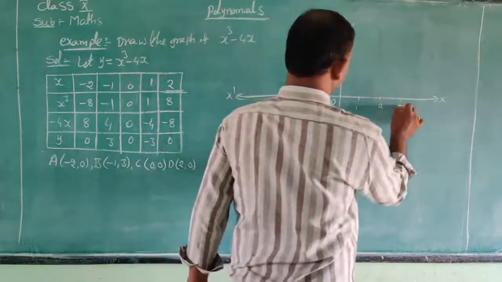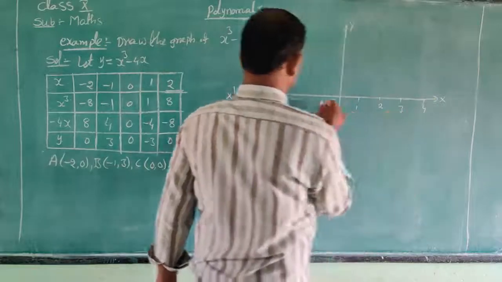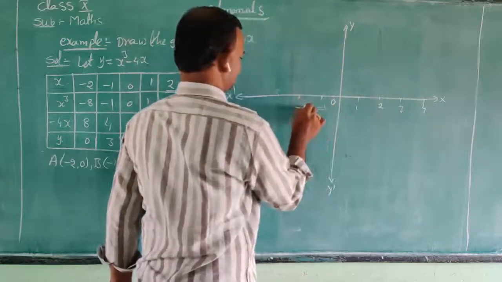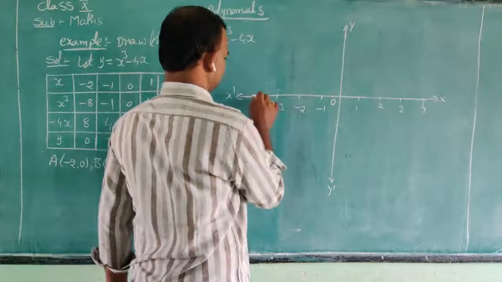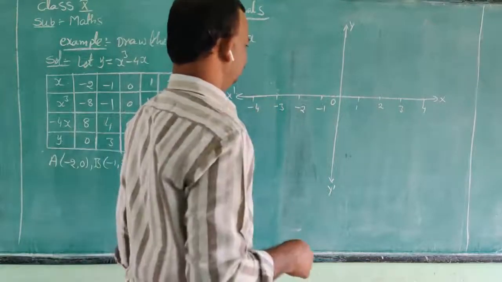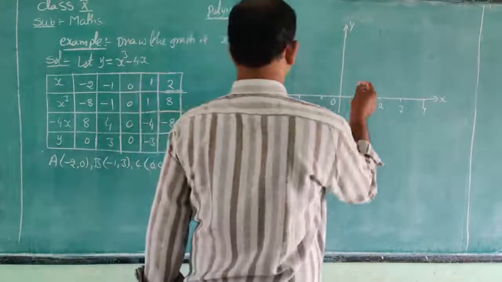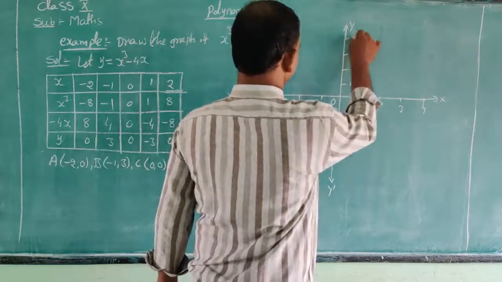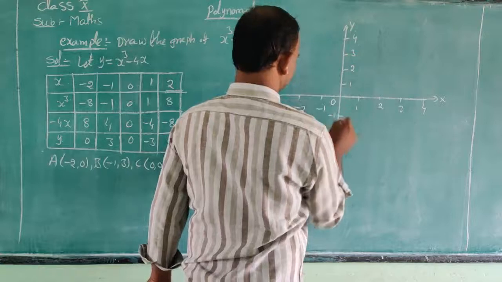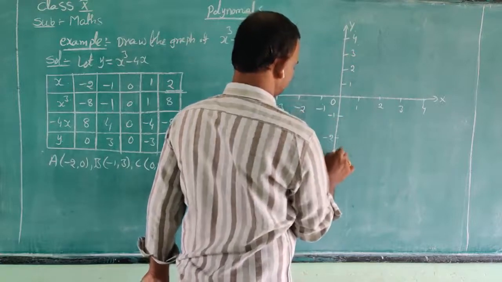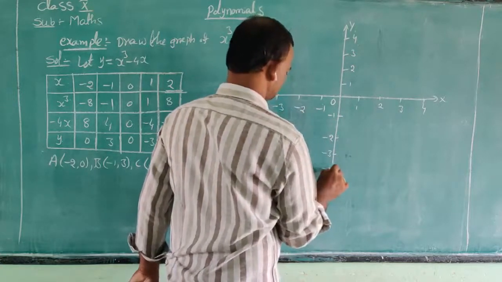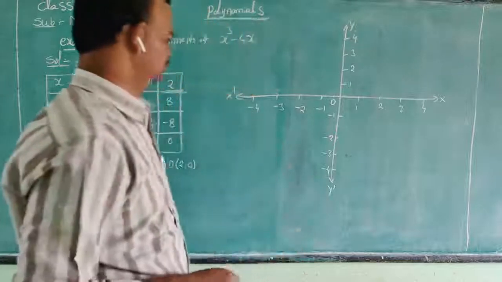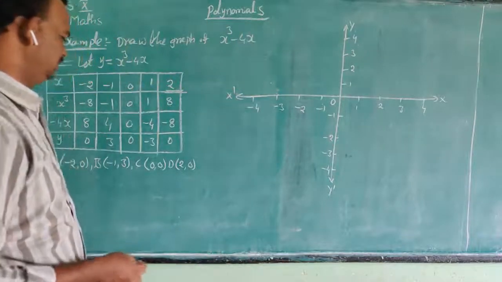Mark 1, 2, 3, 4, minus 1, minus 2, minus 3, minus 4 on both axes. Plot these points.